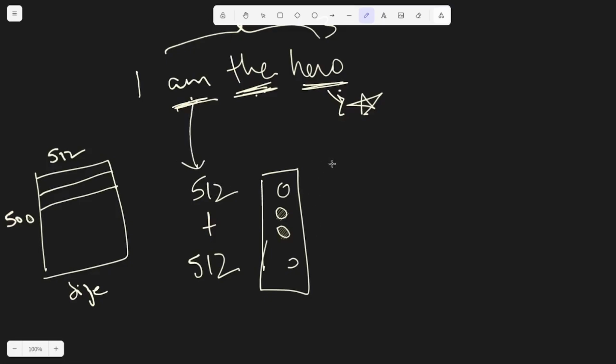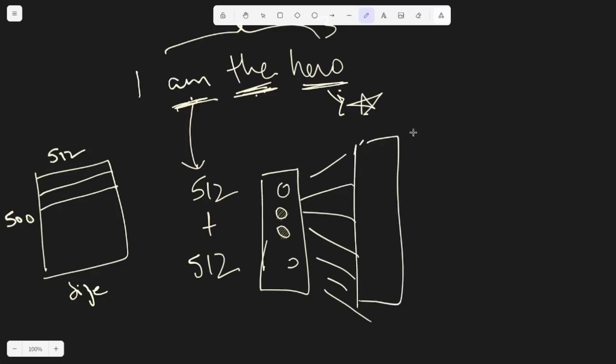Usually in the middle layer you project it to some size that could be a hyperparameter, and in the end layer you project it back to the vocabulary size, which is 500.